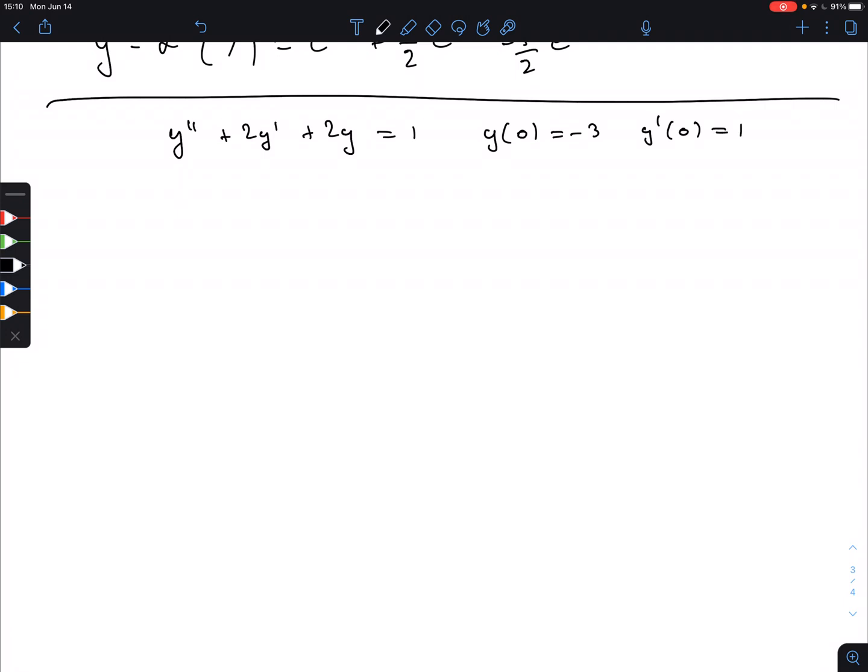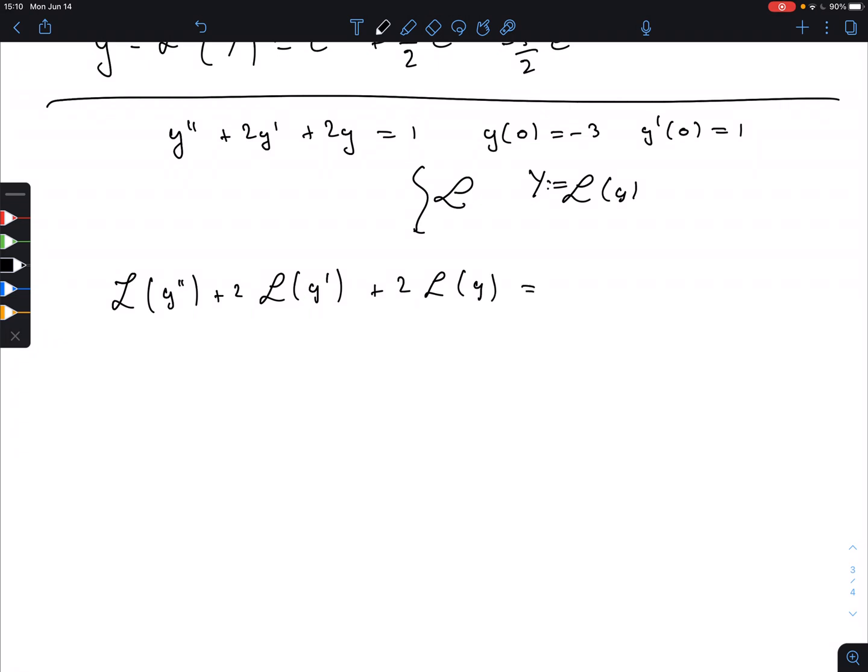Okay? And so now we're gonna do again the same thing. We apply the Laplace transform and we write capital Y for the Laplace transform of y. Okay, so we get L of y double prime plus 2 times L of y prime plus 2 L of y. So as I said, I would like you to do this.